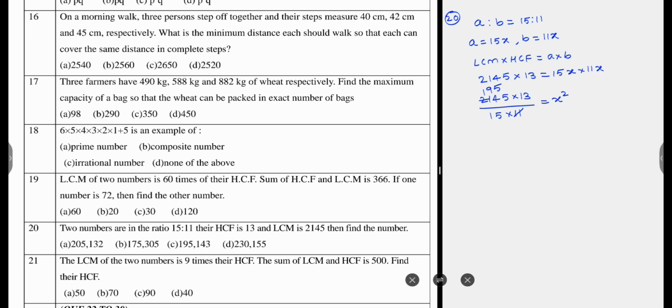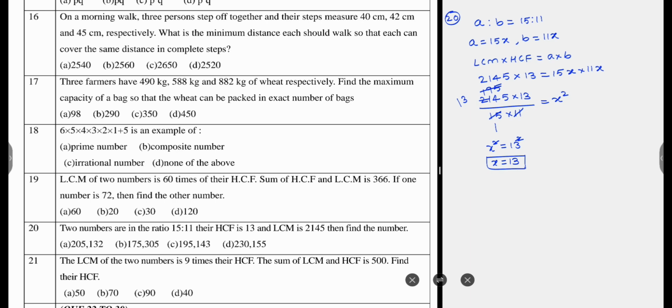Now again we can divide by the 15 table. 15 ones are 15, 15 threes are 45. So we got x square is equal to 13 square. So x is equal to 13.